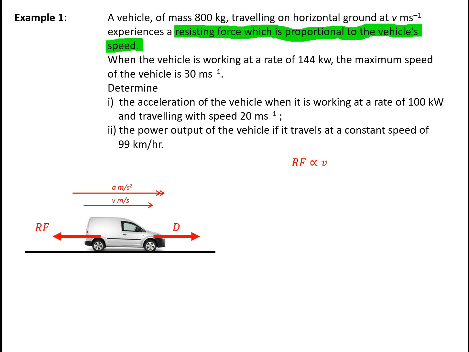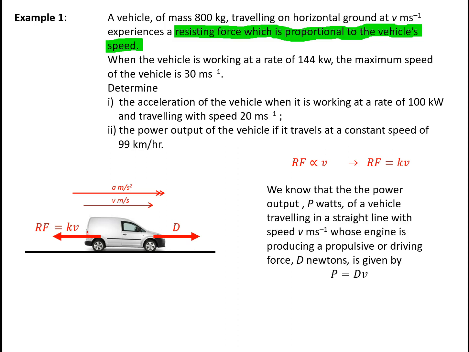We know that the resistive force is proportional to the vehicle's speed, so that's telling me that the resistive force must equal a constant times V. We know that the power output of a vehicle travelling in a straight line with speed v meters per second, whose engine is producing a propulsive or driving force of D newtons, is given by P equals D times V. That's just our P equals FV result from the previous page.